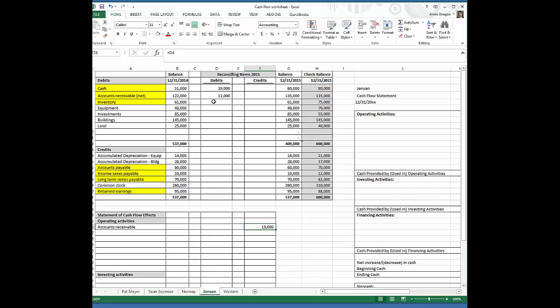Inventory, we need a $14,000 debit to make this balance. The offset will be down in operating. For accounts payable, we're going to need a $10,000 credit to make these balance, and my offset will be down in operating again.